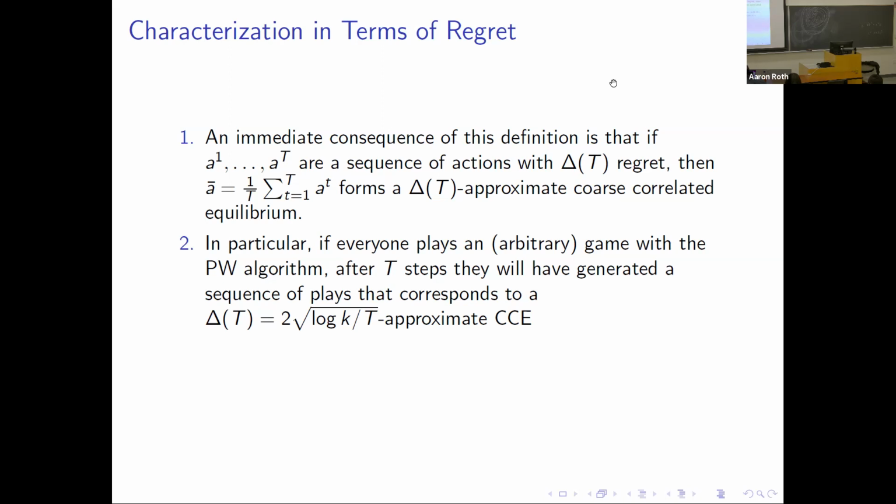Right, so this is saying in a k action game with n players, after a number of rounds that is independent of the number of players, n can be as large as you want, and only logarithmic in the number of actions, and going to 0 at a rate of 1 over the square root of the number of rounds you've played, you're converging to these approximate coarse correlated equilibria. So this is incredibly fast convergence, depending only logarithmically on the actions and, unbelievably, entirely independently of the number of players.